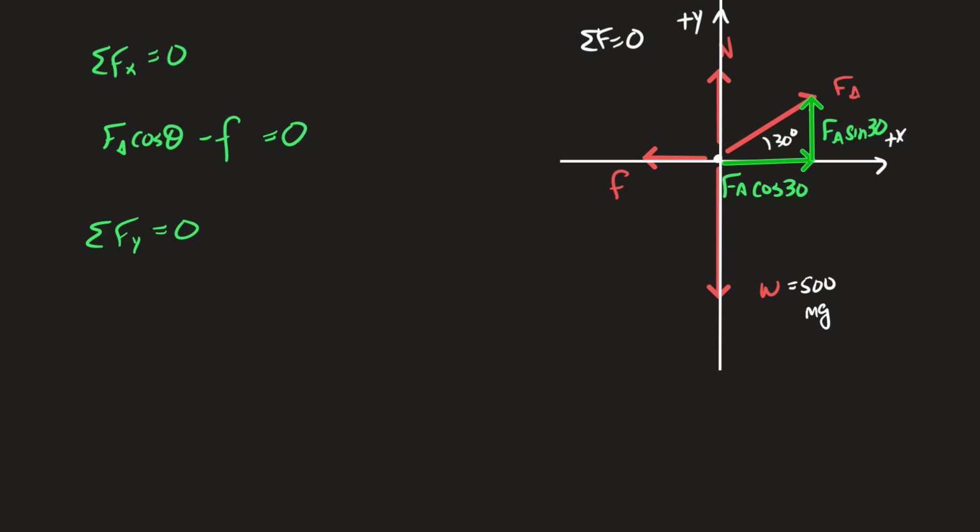Generic right now, because if you had the other problem, you can just put your values in. The next one, though, a little more complicated. Normal plus FA sine theta minus mg equals 0. If I saw this, I was pretty happy. Can't solve it without that. That's what Newton's law gives you.